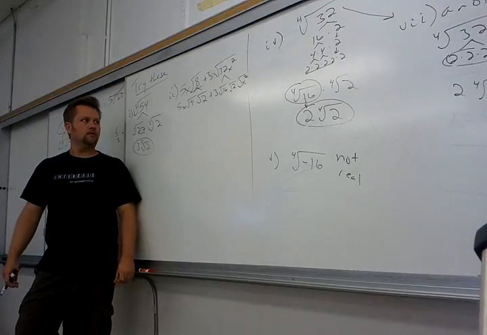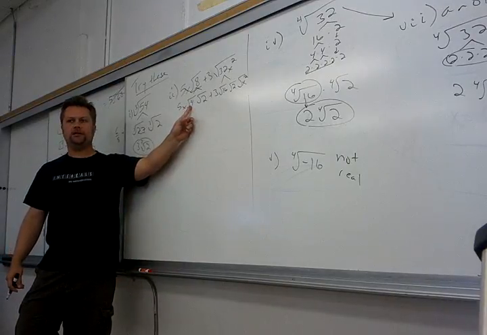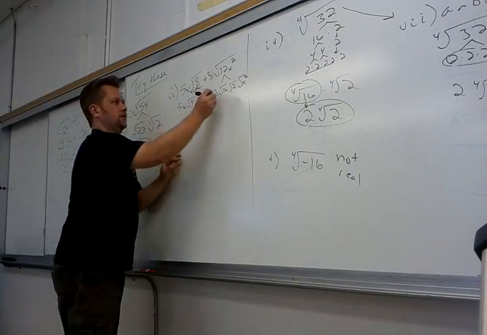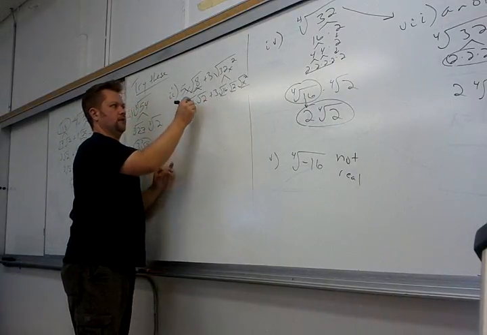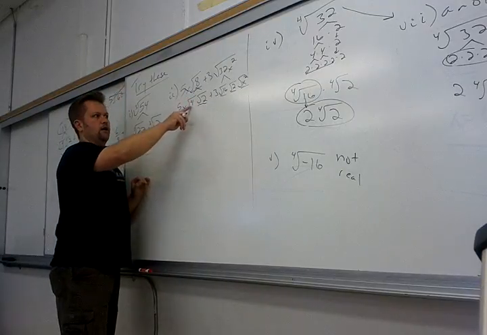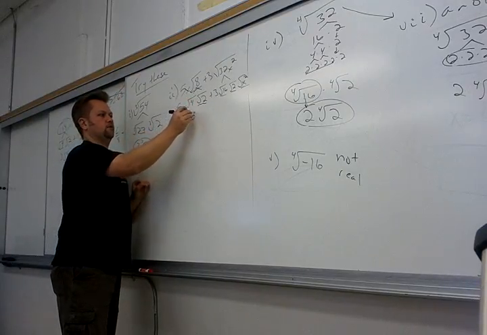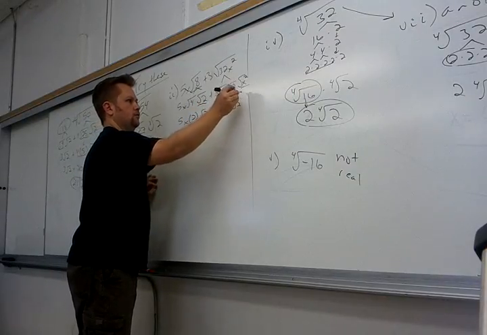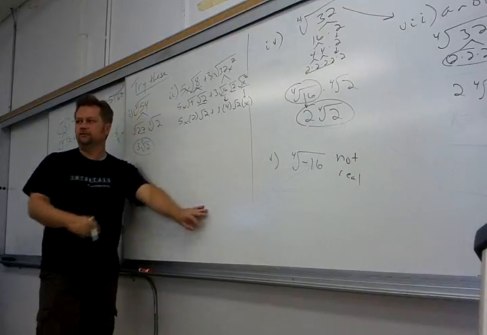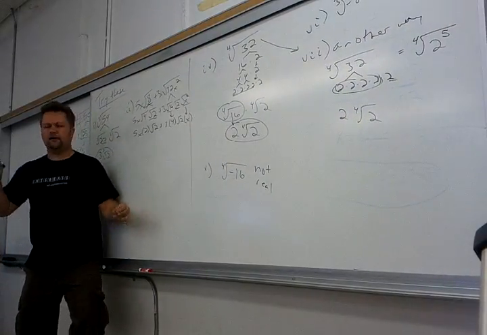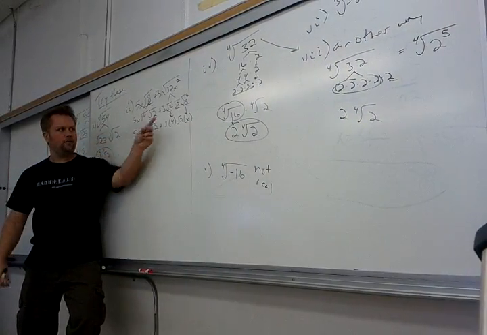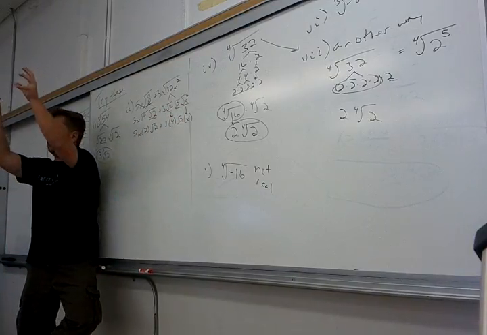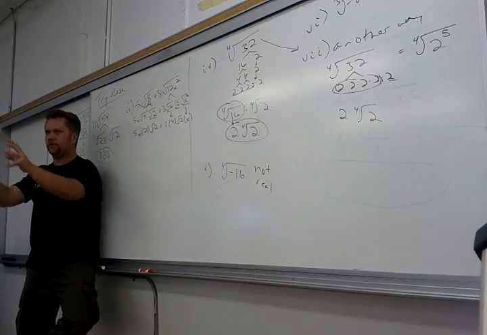So I'm always breaking it up into a piece I can do and a piece I can't. I can do this piece, I can do this piece, I can't do this piece. So now I get my 5x times 2 radical 2 plus 3, 4 radical 2, x. All I'm doing is replacing what I know to do with what it is.